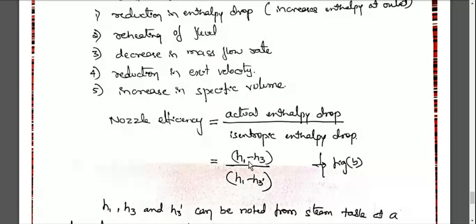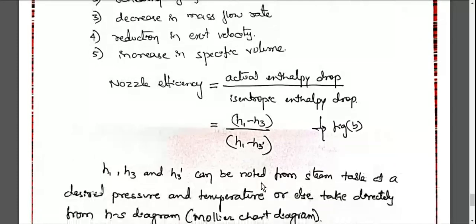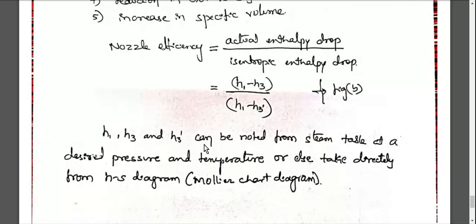There is a small mistake here: it should be H3 dash in the first and H3 in the second. So H1, H3 and H3 dash are the unknowns needed to calculate nozzle efficiency. These three enthalpy values are taken from the steam table at the desired pressure and temperature, or you can take them using the HS diagram, the Mollier chart.